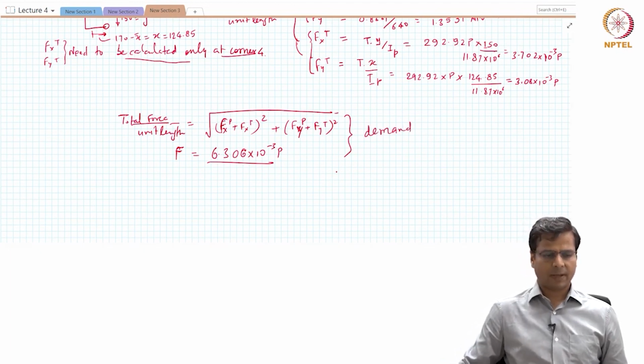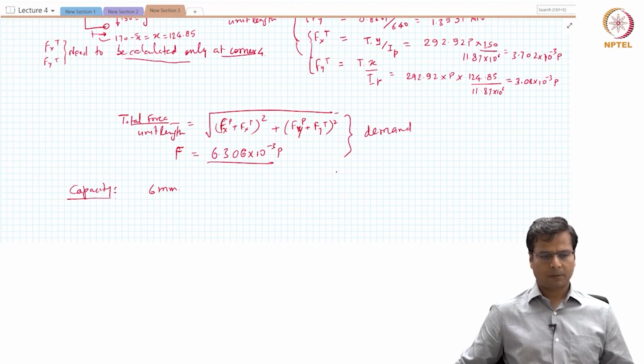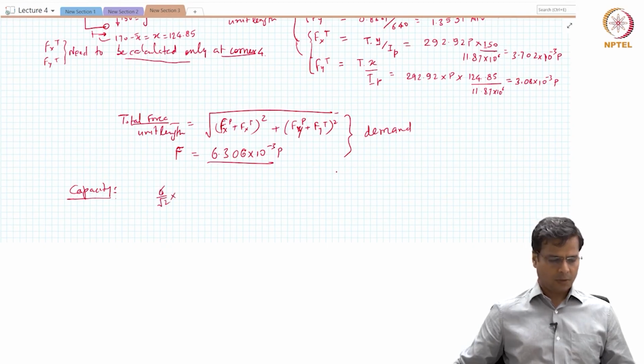We need to calculate the capacity of the weld. So it is given that it is a 6 millimeter fillet weld, right? So the capacity for this weld would be, if the weld size is 6 millimeter, its throat thickness would be 6 divided by root 2.